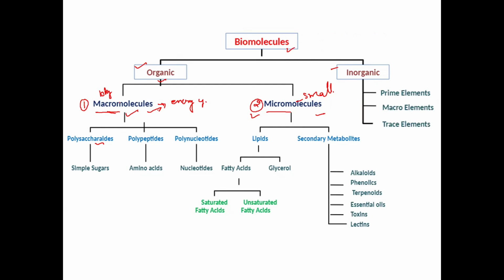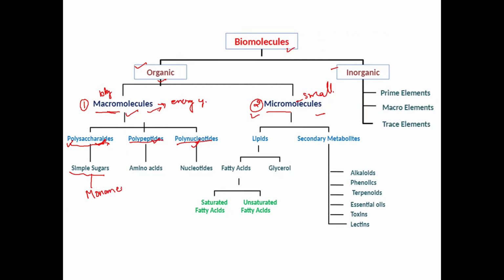So we have macronutrients and micronutrients, but these nutrients are categorized further into polysaccharide, polypeptide, polynucleotide. Polynucleotides like carbs, proteins, DNA, RNA, nucleic acids, simple sugar. So basically, it is the monomer unit.